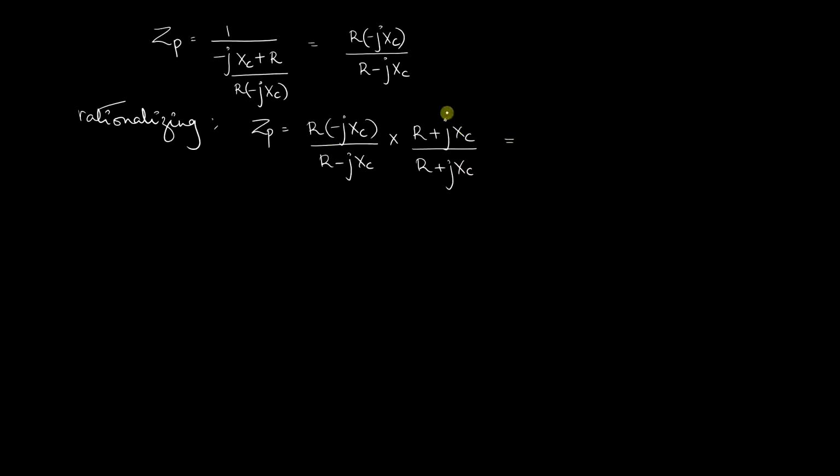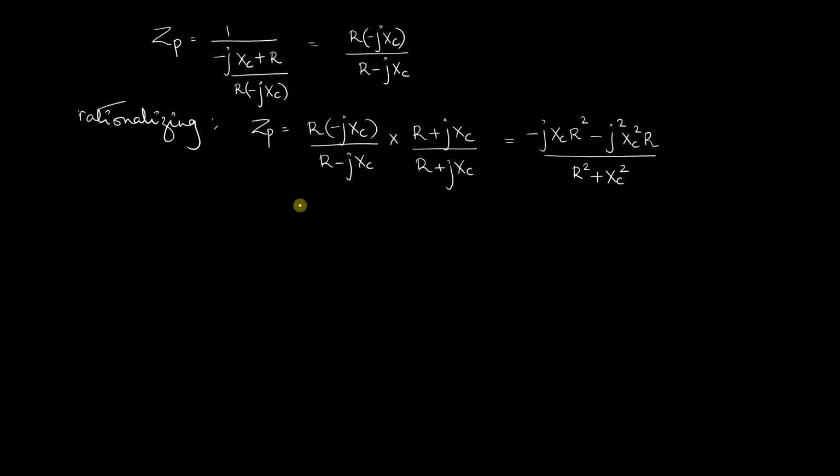So multiply this, and here you have this as minus jXC into R square minus j square XC square into R divided by R square plus XC square, right?